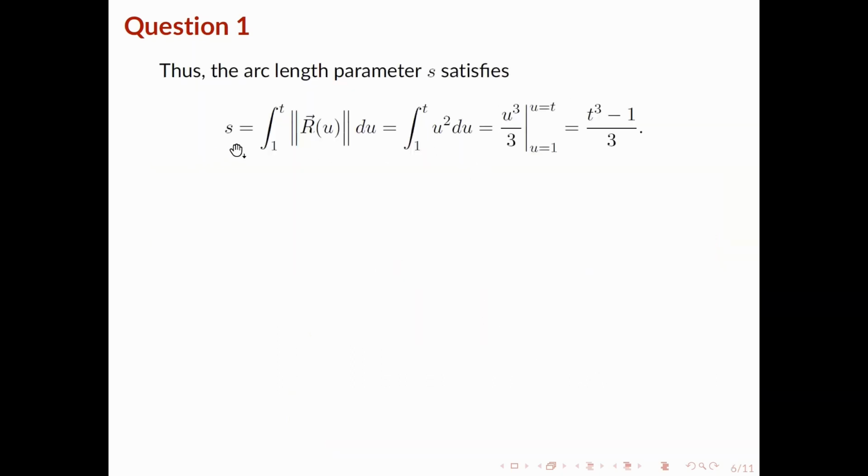Okay, so using this, we can calculate the relationship of s and t. So s is equal to the integral from 1 to t. We have 1 here because this is equal to t naught.